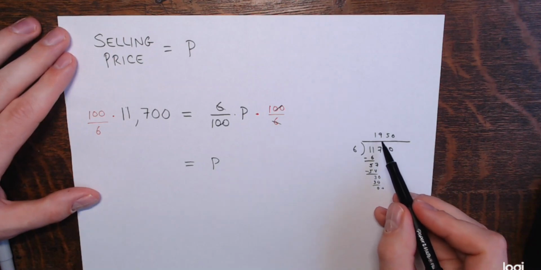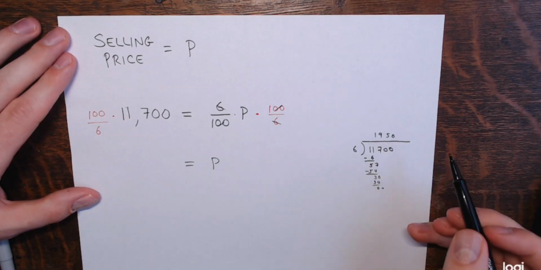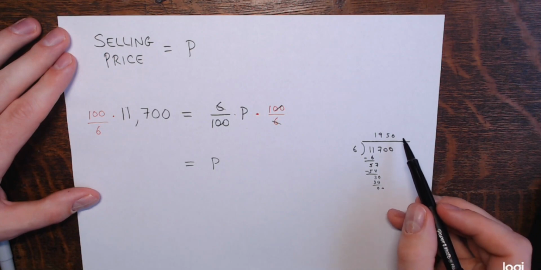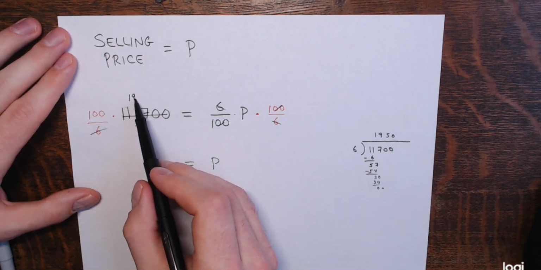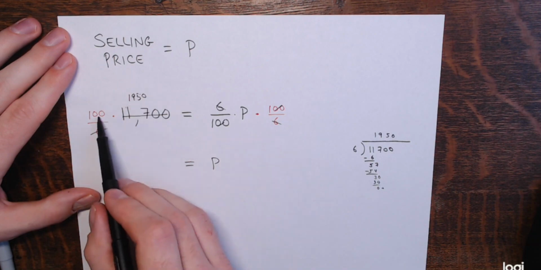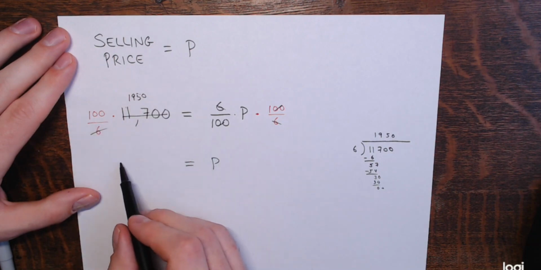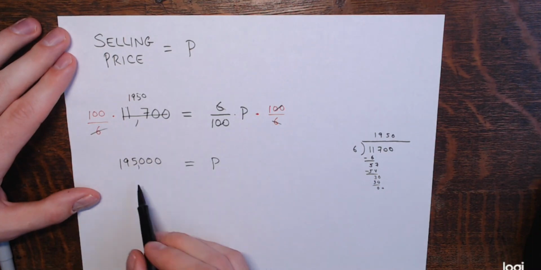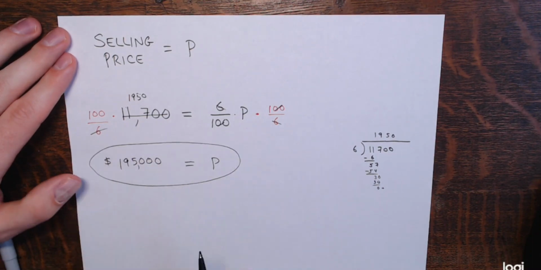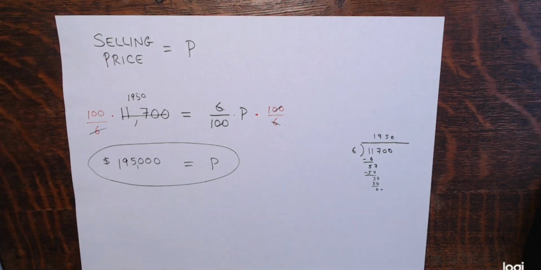So it'll be 1,950. Alright, so this goes into this 1,950 times, but then that's getting multiplied by 100, so 2 more zeros are going to get added. So $195,000. Alright, that was in dollars. That would have been the selling price of the home.